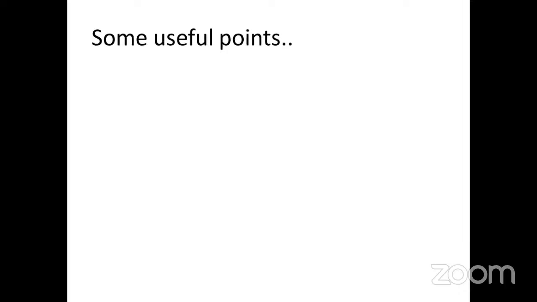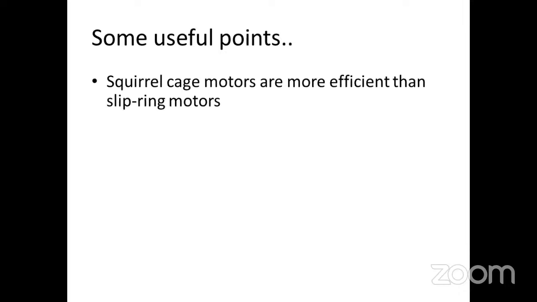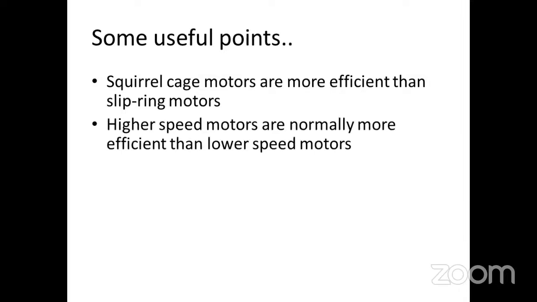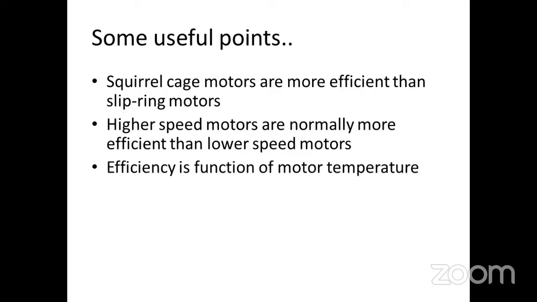We will see some useful points. Squirrel cage motors are more efficient than slip ring motors. Higher speed motors are normally more efficient than lower speed motors. These are all facts, just keep them in mind. The efficiency is a function of motor temperature.